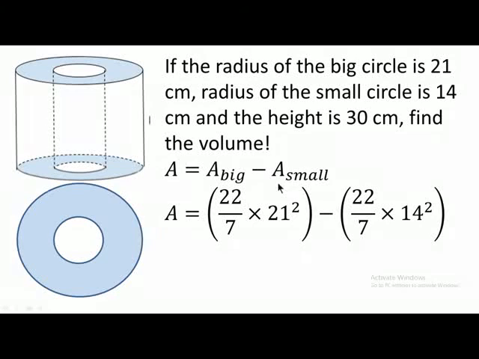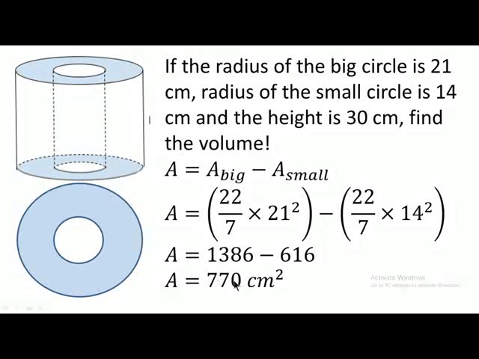Subtracted by the area of the small circle, the same formula, pi r square. So pi is 22/7 times r square, and the radius is 14 centimeter. By calculation, we can find that the area of the big circle is 1386 and the area of the small circle is 616. So the area of the cross section is 770 centimeter square.